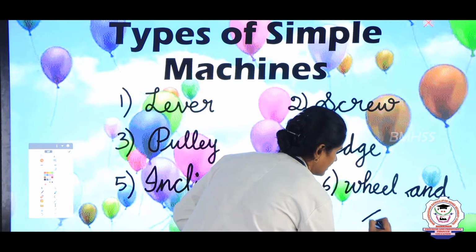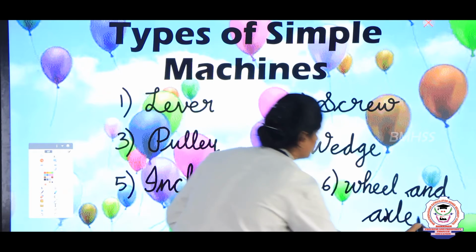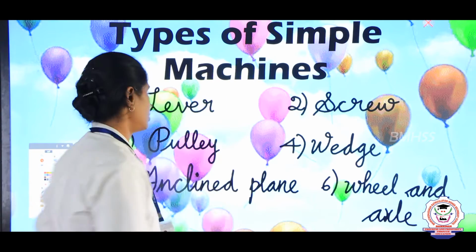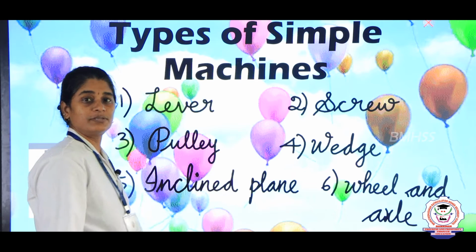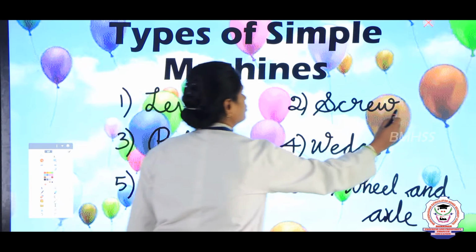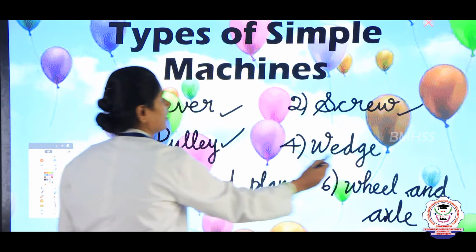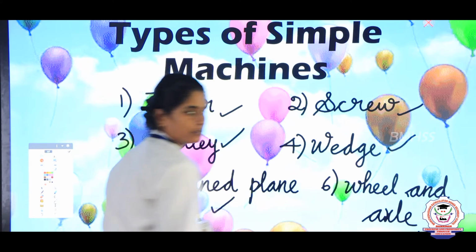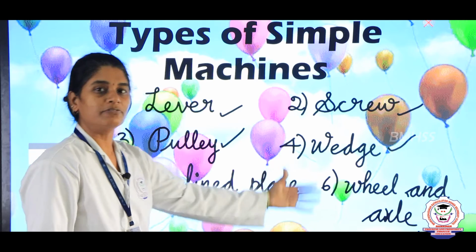What are the types of simple machines? Lever, screw, pulley, wedge, inclined plane, wheel and axle. These are the 6 types of simple machines.